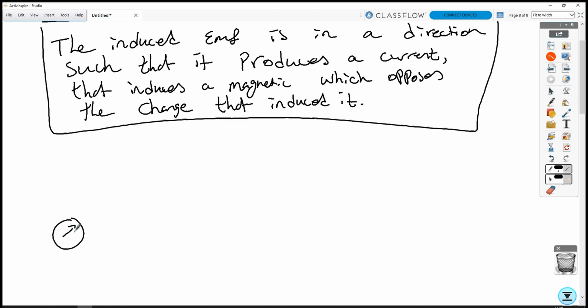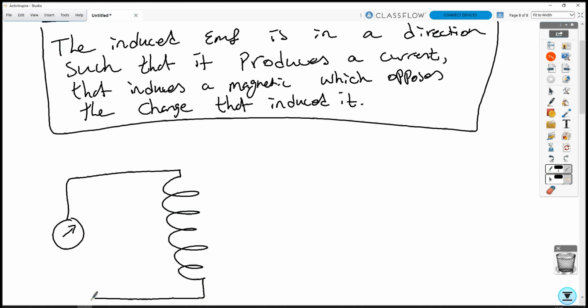So if we have a galvanometer and some coil of wire, and we push a magnet through that coil of wire, we have to think about both the field lines of the north and south side.